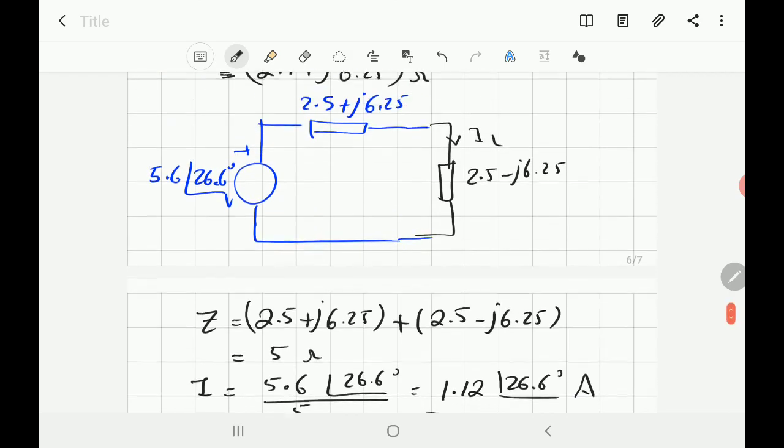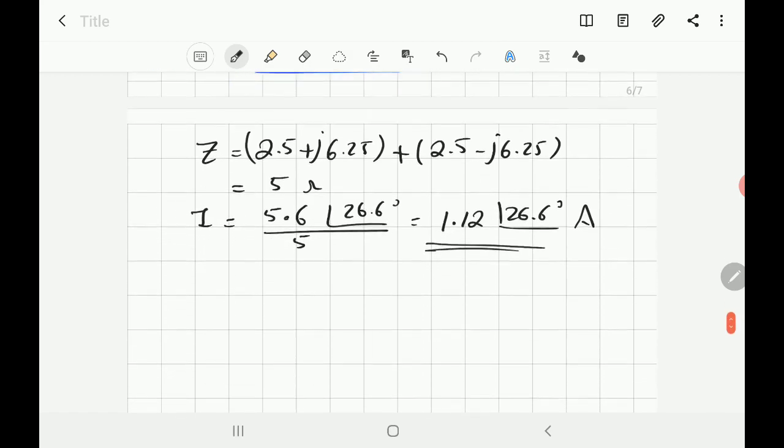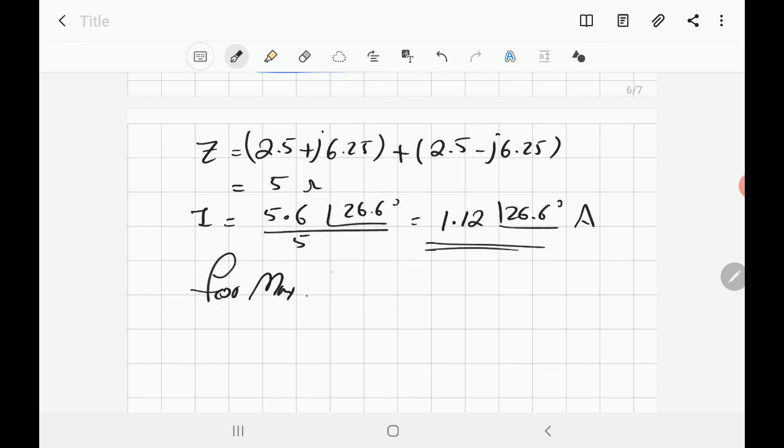I just want to make a simple observation. If you have the equivalent Thevenin and you want to put a load here that draws the maximum power, the impedance of the load should be equal to Z Thevenin conjugate.